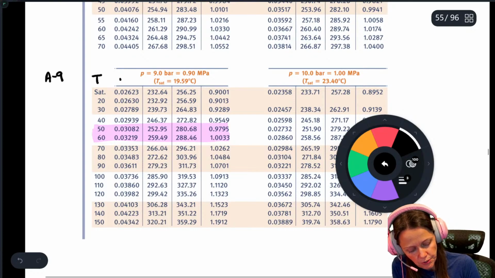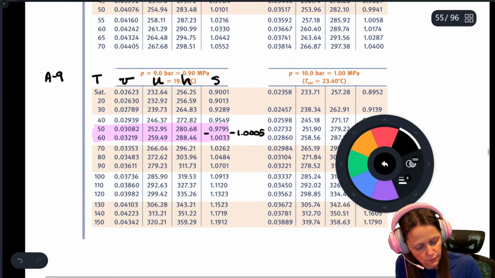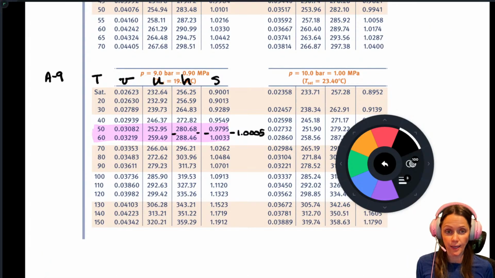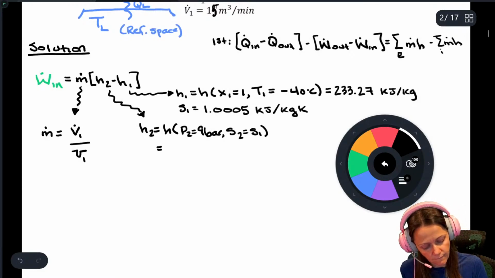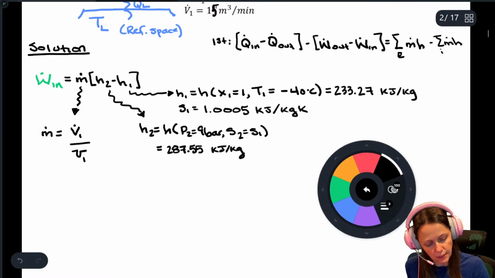This is temperature, specific volume, internal energy, enthalpy, and entropy. And we have a value of 1.0005. And so clearly your enthalpy is going to be between 280 and change and 288 and change. And so I've got a value of 287.55 kilojoules per kilogram.